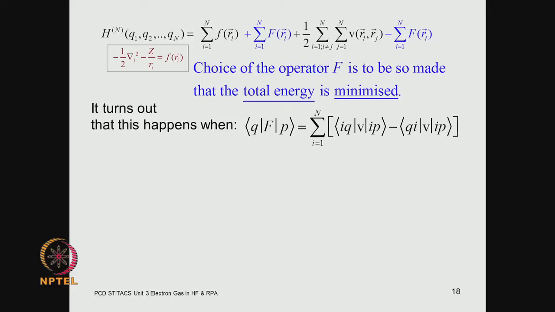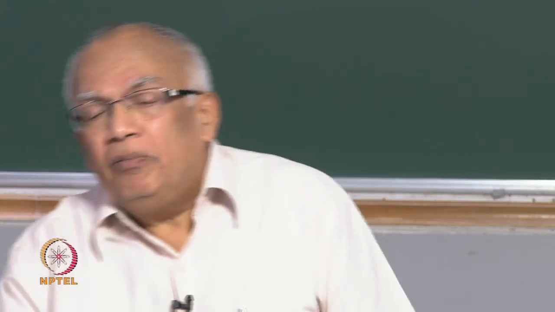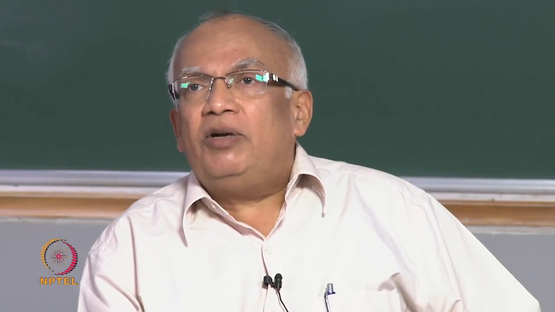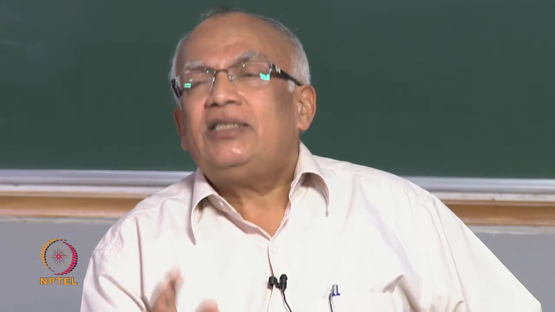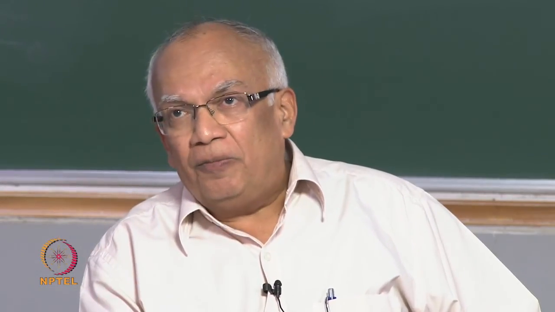This is the criterion, and it gives you a minimum of the n electron Hamiltonian. How? Because if this were not the case, then the wave function would not be just phi p, but phi p plus epsilon times phi q.